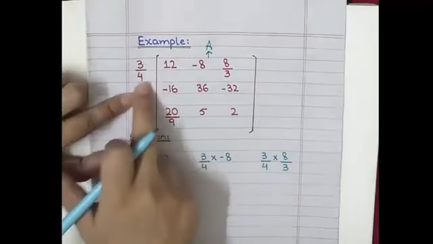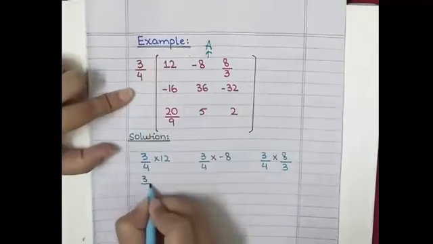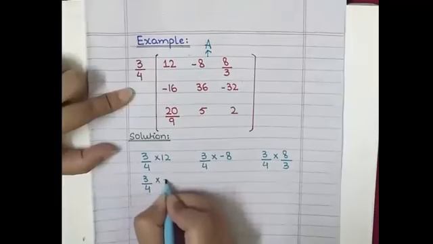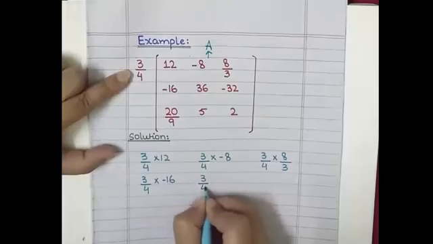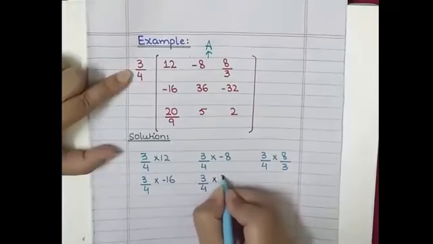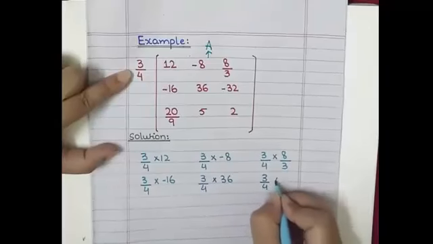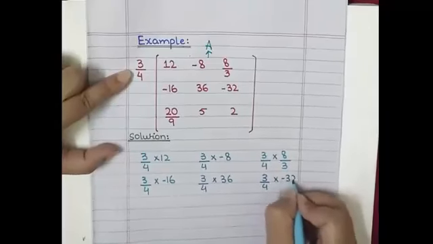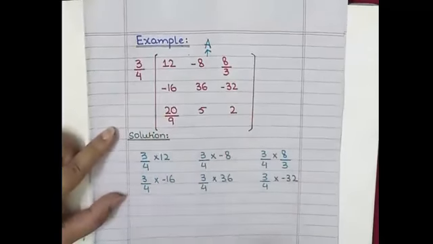Similarly, multiply it with the whole next row: 3 over 4 times minus 16, 3 over 4 times 36, and 3 over 4 times minus 32. We do the same procedure for the last row.